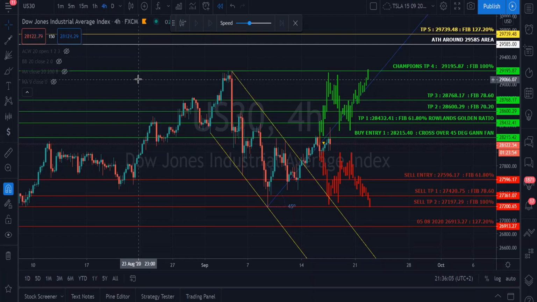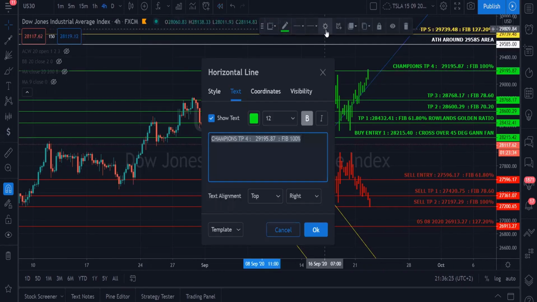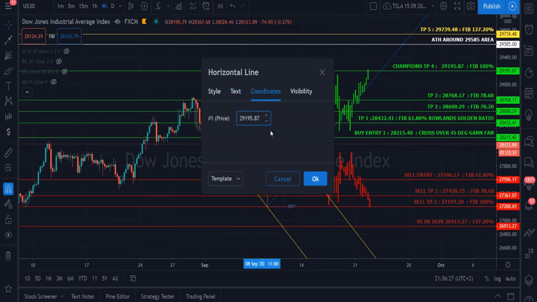Yes. And then I lock it. And if I want to edit the lines and get them to the specific numbers, then I can just enter it in there and it will move itself. Yes, under coordinates. That's coordinates. Yes, that's right.